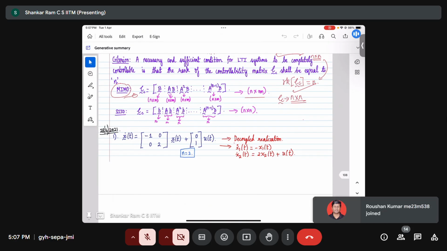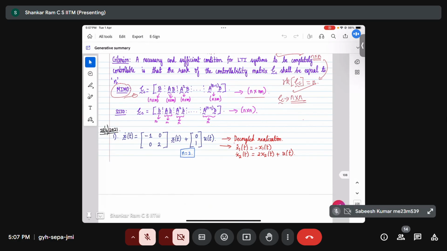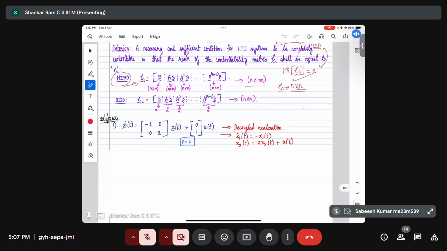We will also understand the workflow to be followed whenever you and I are analyzing systems using the state space representation. So let's do a couple of examples to understand that. The first example, we consider a second order system.